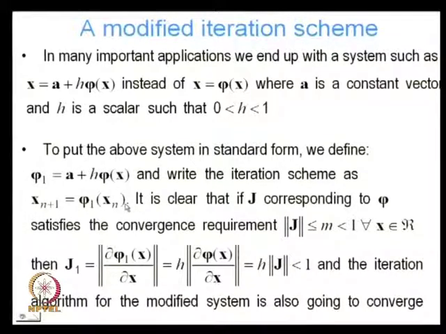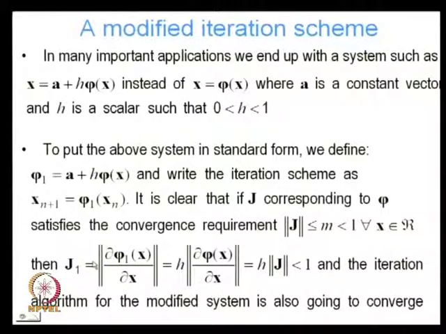It is clear that if j, corresponding to phi, satisfies the convergence requirement, norm of j less than or equal to m less than 1 for all x belonging to R, then j 1, which actually corresponds to phi 1, is also going to satisfy that requirement. How?